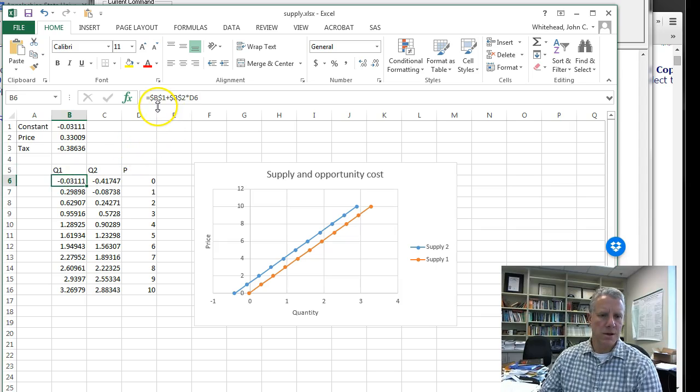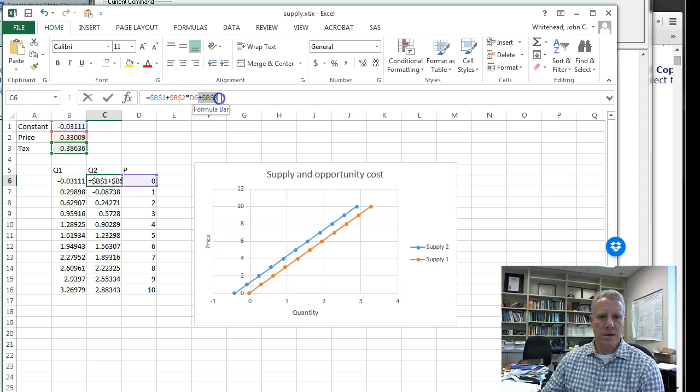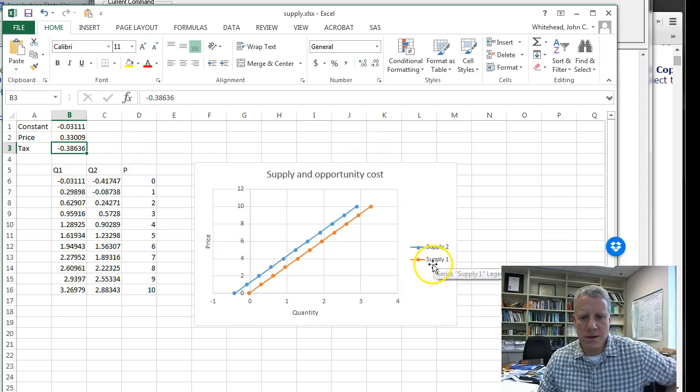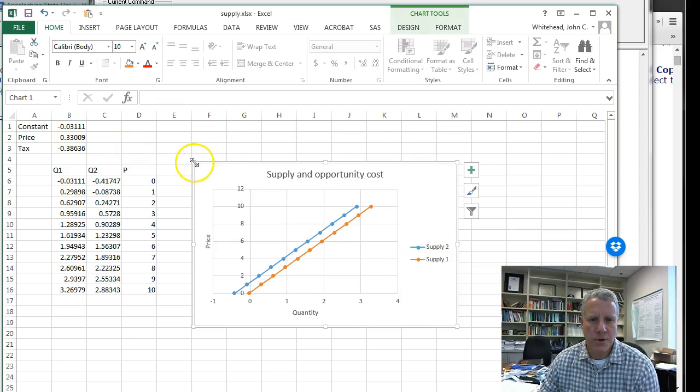And I've hard-coded the coefficient estimates and multiplied the price coefficient, 0.33, by the price. So B2 times D6. And in Q2, I've done the same thing, but added in B3, the effect of the tax treatment or the different policy regime on the model.